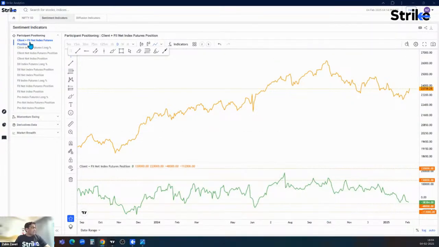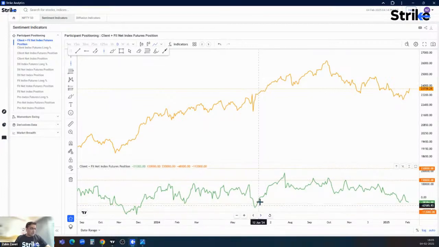In this client plus net FII position, we can see various things. This particular indicator will tell you a kind of medium term tops or bottoms. There are two lines down here, and there are two horizontal orange dotted lines over here on the top and in the bottom.